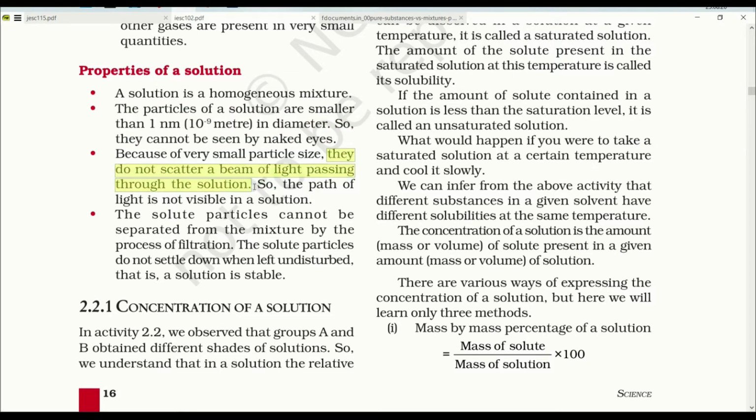So the scattering of light is not possible, and the path of light is not visible in a solution. The solute particles cannot be separated from the mixture by filtration. So a simple process of separating the solute and the solvent is not possible. Therefore it is a stable solution.